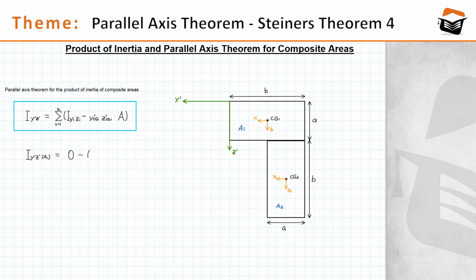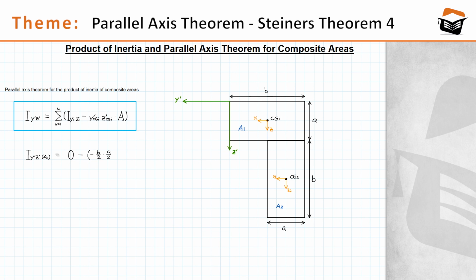I'm going to open up a bracket and write down minus b half times z sub cg prime, that is the z prime distance between the origin of the reference coordinate system and the centroid. And that distance is positive a half, times a half.